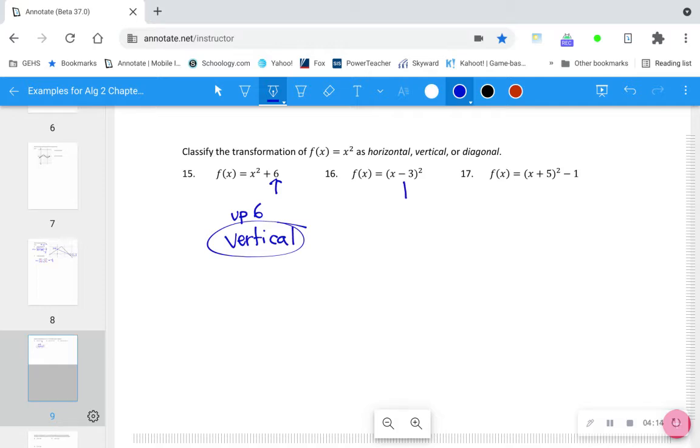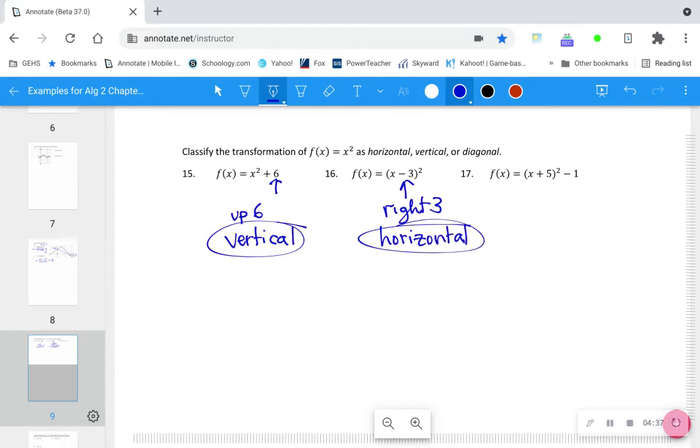If you subtract or add inside, it moves it right or left, and it's always the opposite of what the sign does. So that goes to the right 3 units, and that makes it a horizontal change. Right and left are horizontal, up and down are vertical.